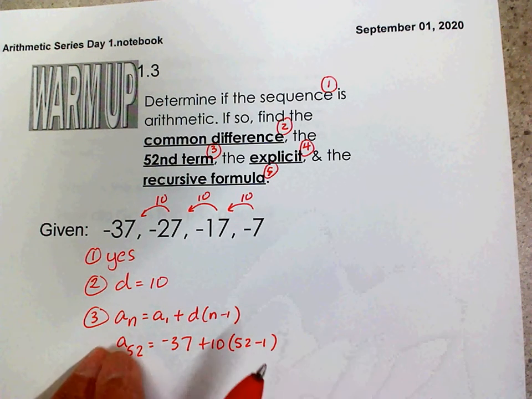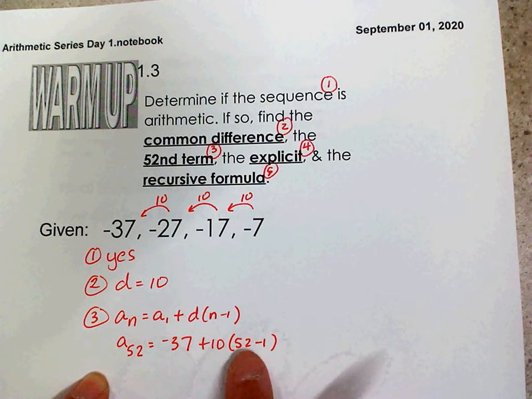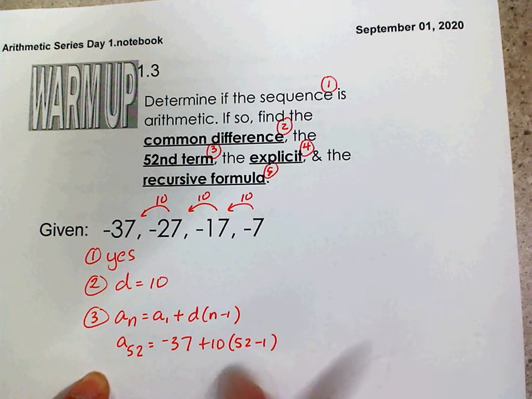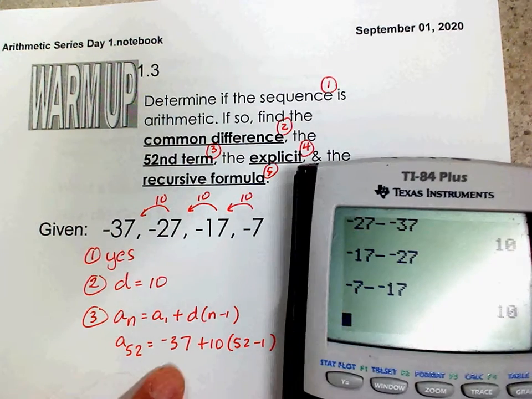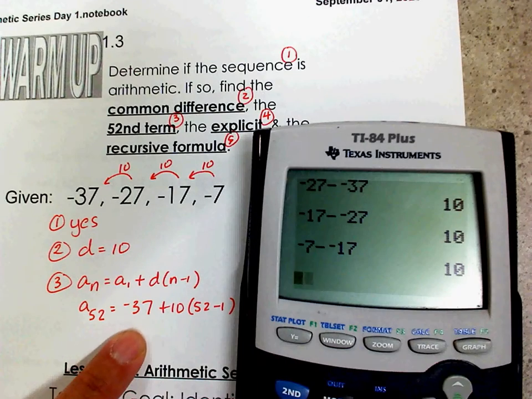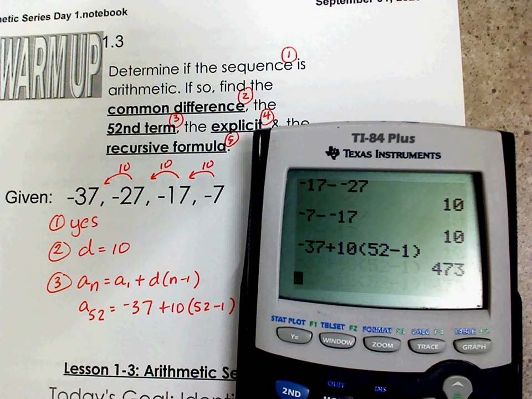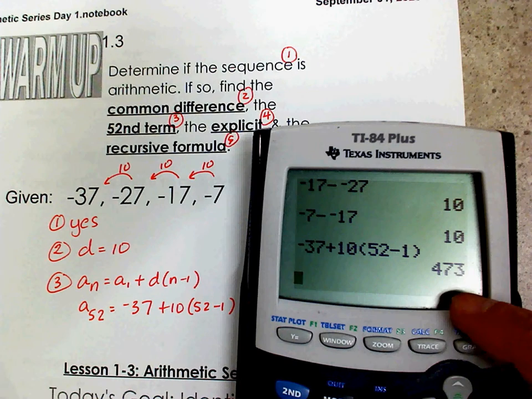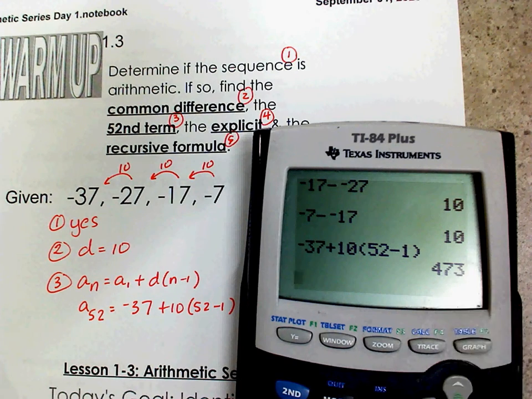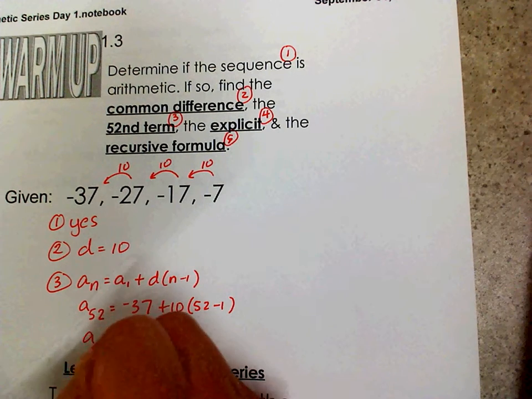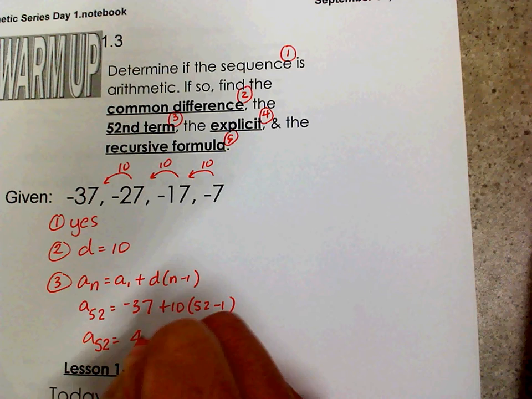I'm trying to find out what this number is in the 52nd place. So we're going to type that in the calculator just like you see it: negative 37 plus 10 times parentheses 52 minus 1. So the 52nd term is 479. Oh, I'm so sorry, 473.